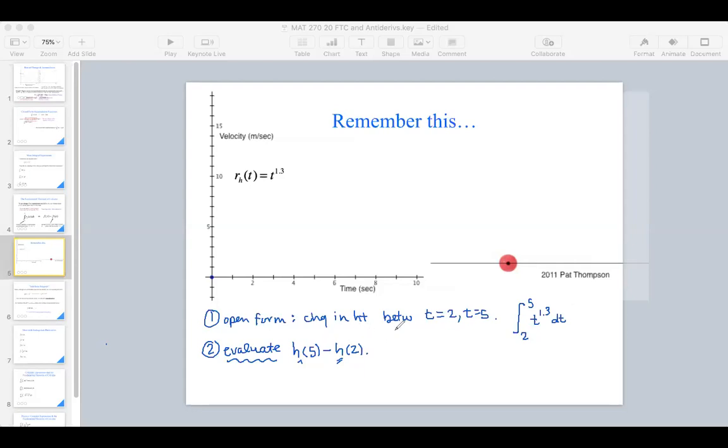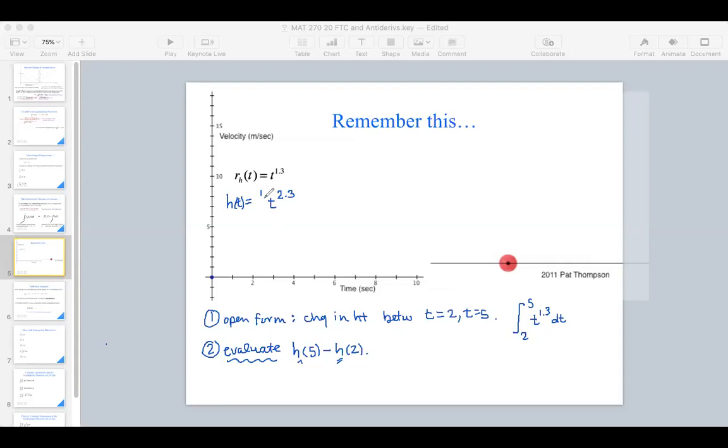I should also be able to come up with something whose derivative is that. Now, this is not quite as easy as find an antiderivative for 3x squared, but, and I think we talked about this before, it would need to have one higher power. Now, if I took the derivative of this, it'd be 2.3 times t to the 1.3.